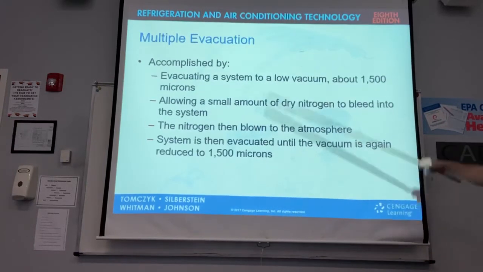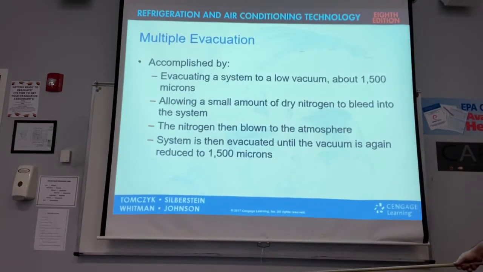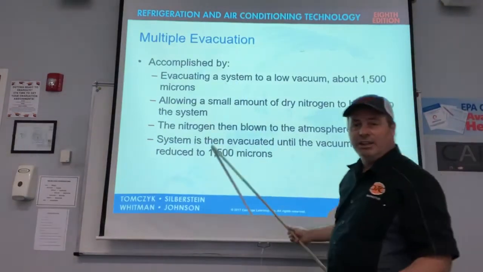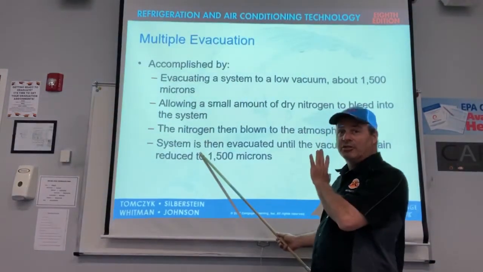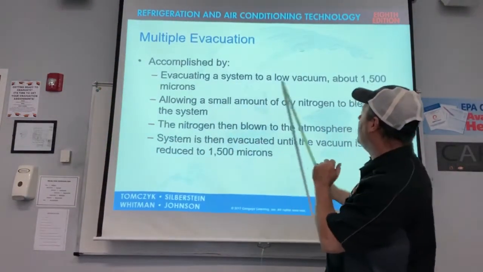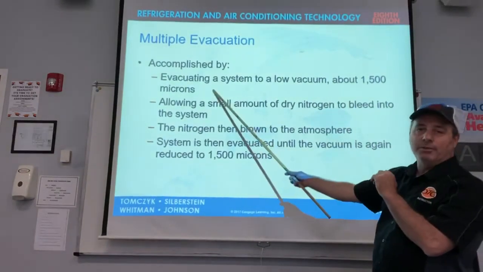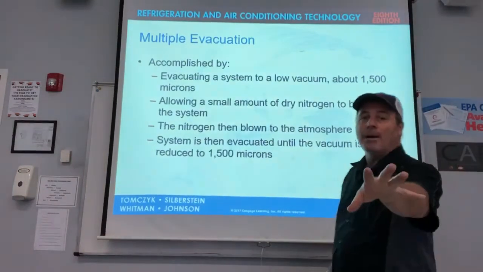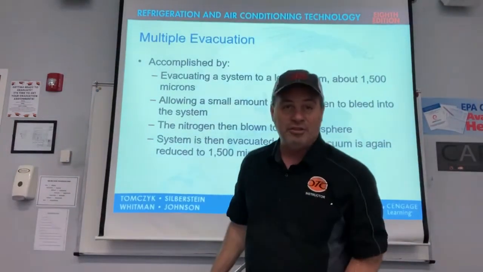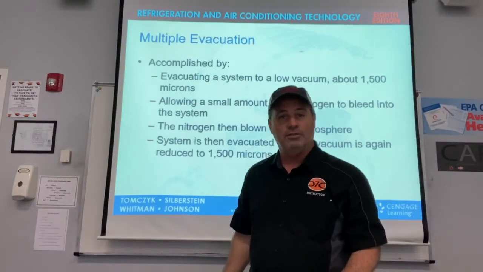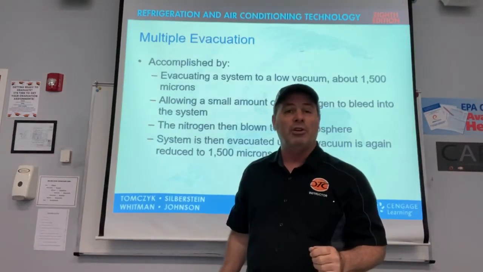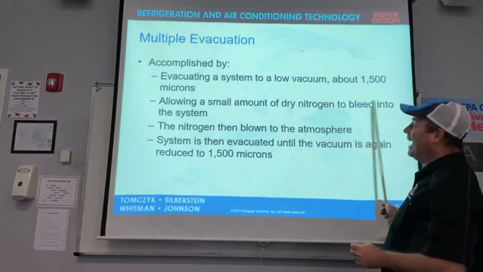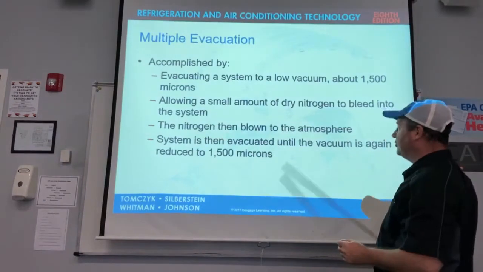Okay, now remember, all of this is on your MCC course, this PowerPoint, so you have access to all of this. Evacuating the system to a low vacuum is 1500 microns, okay? Then you allow a small amount of dry nitrogen into the system at 1500 microns. That dry nitrogen will absorb moisture and let it bleed out of the system.